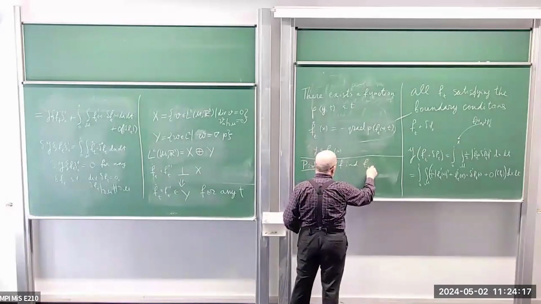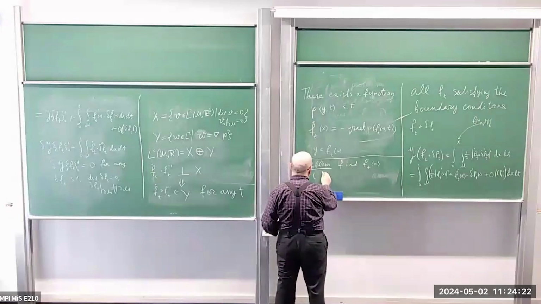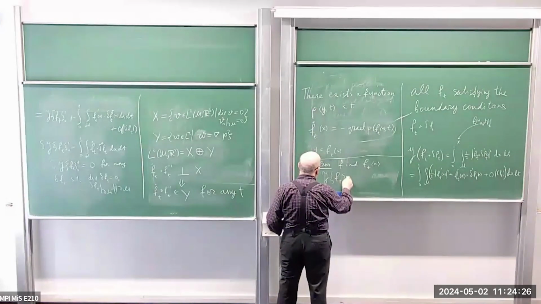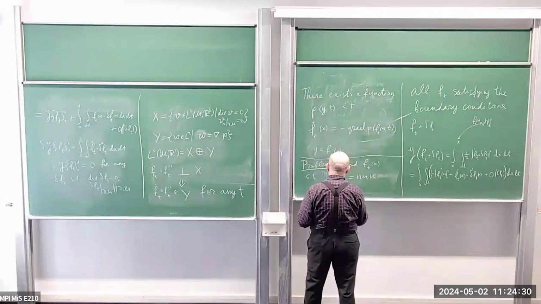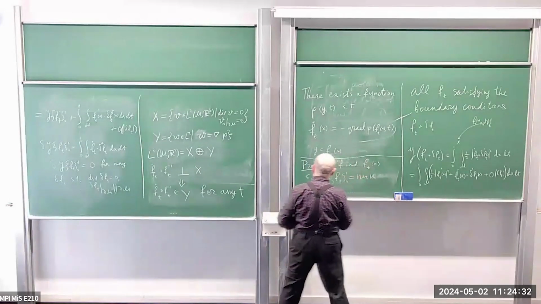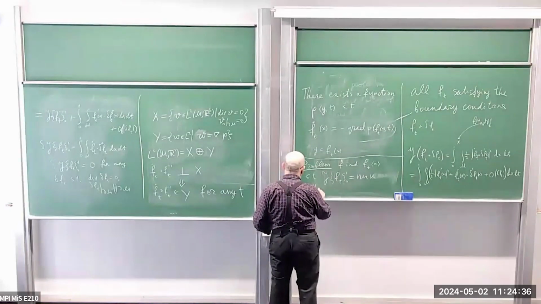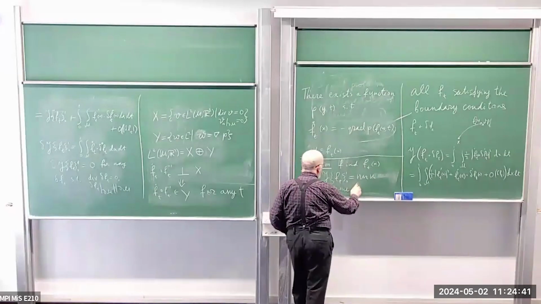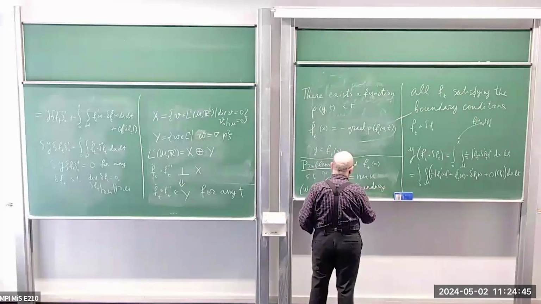Find ft such that action of ft from 0 to 1 is minimum, with the same boundary conditions.